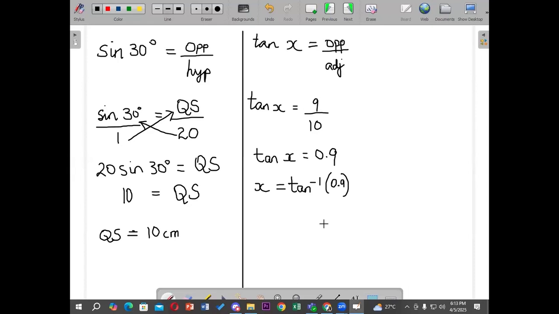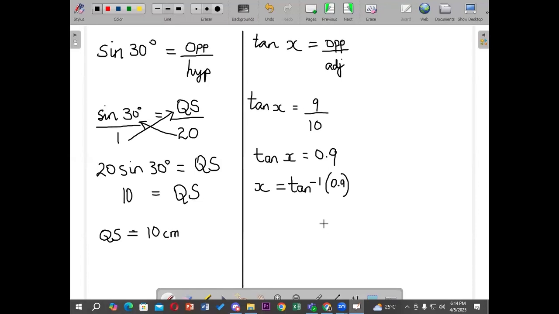Again, trig functions. Notice I say the word function, right? Because that's essentially what this is. The trig ratios are functions of the angles, and this is the reason why we have that inverse function. So that's why when you have to find X, you're not going to divide by tan. Okay, you're not going to multiply by anything. You have to understand that this is a function.